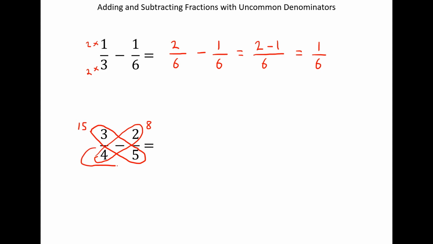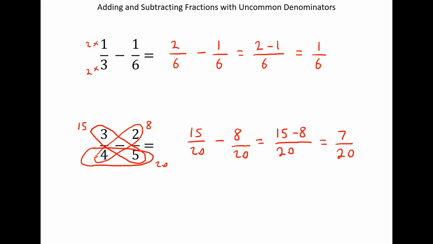And now I'm going to draw the cross on the bottom to connect them together. 4 times 5 is going to be 20. So I'm going to have 15 over 20 minus 8 over 20. And in this case, since the bottom numbers are the same, I can simply keep it the same and just subtract the top numbers. In this case, 15 minus 8 is going to be 7. So my final answer should be 7 over 20.